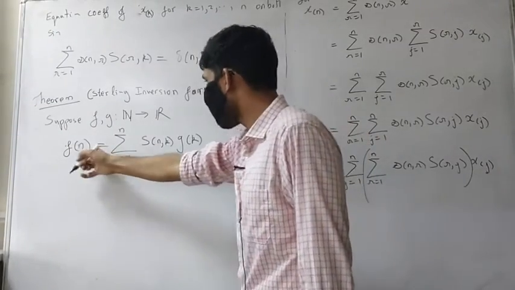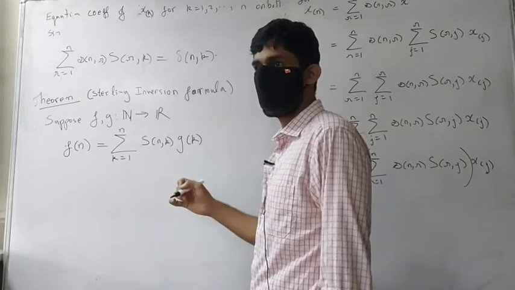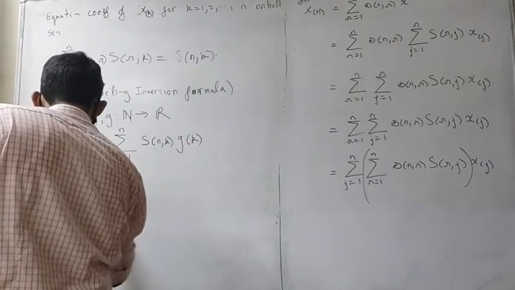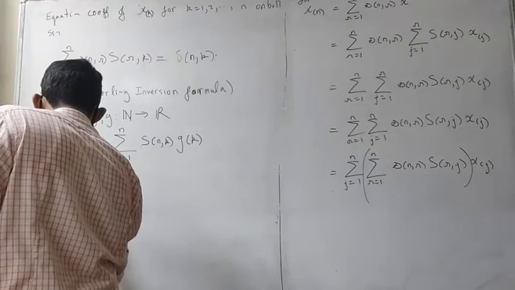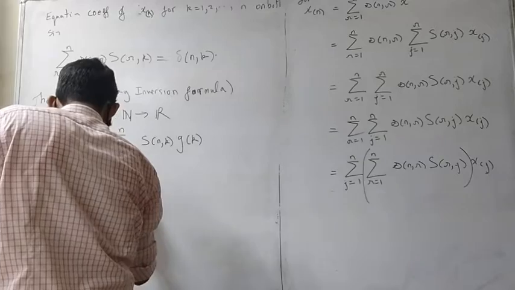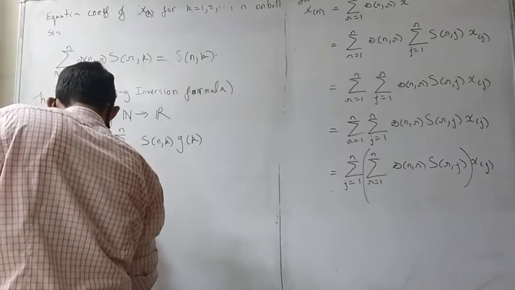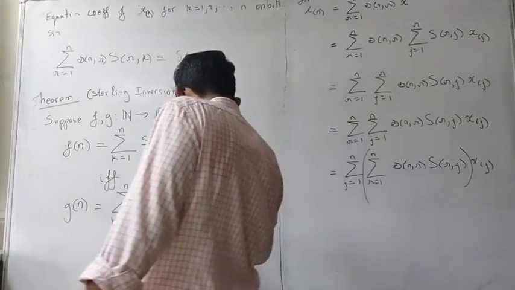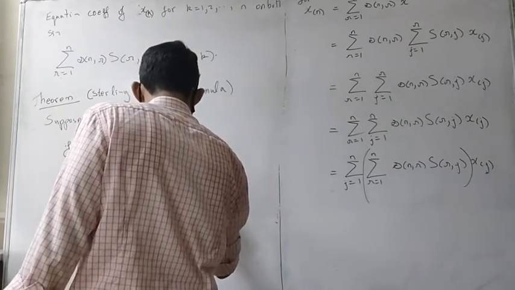So if f is related to g in this manner, then you can find g in terms of f. g n will be, any idea what? What are the coefficients of f k here?